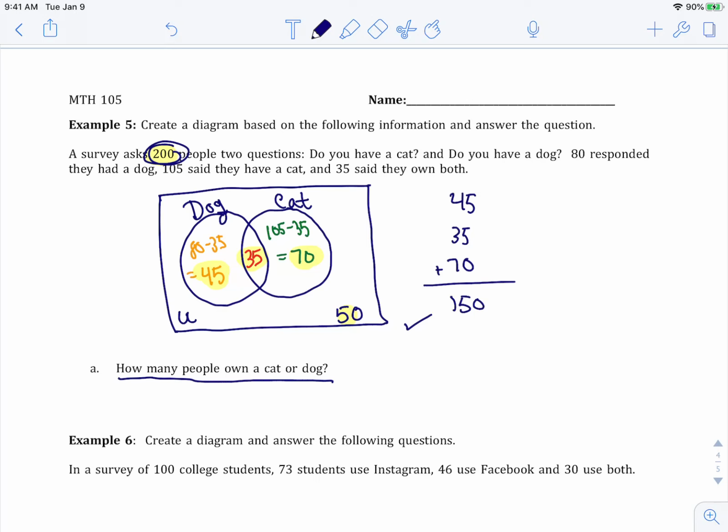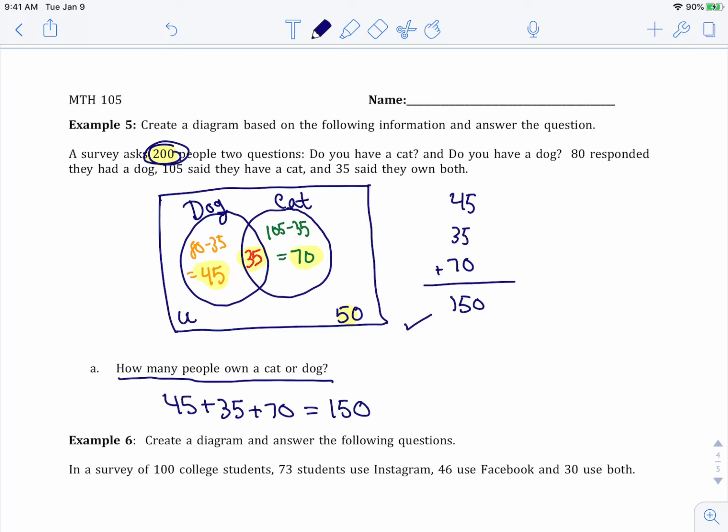So they own a cat, or if they just own a dog, or they own both. And you could have saved yourself time and just said, well, it's just the leftover of 200 from 50. That works too.